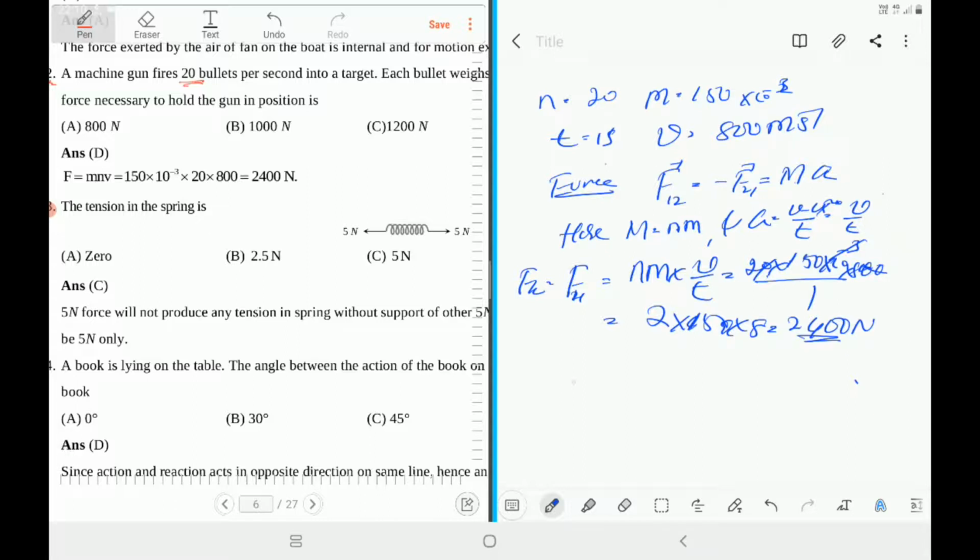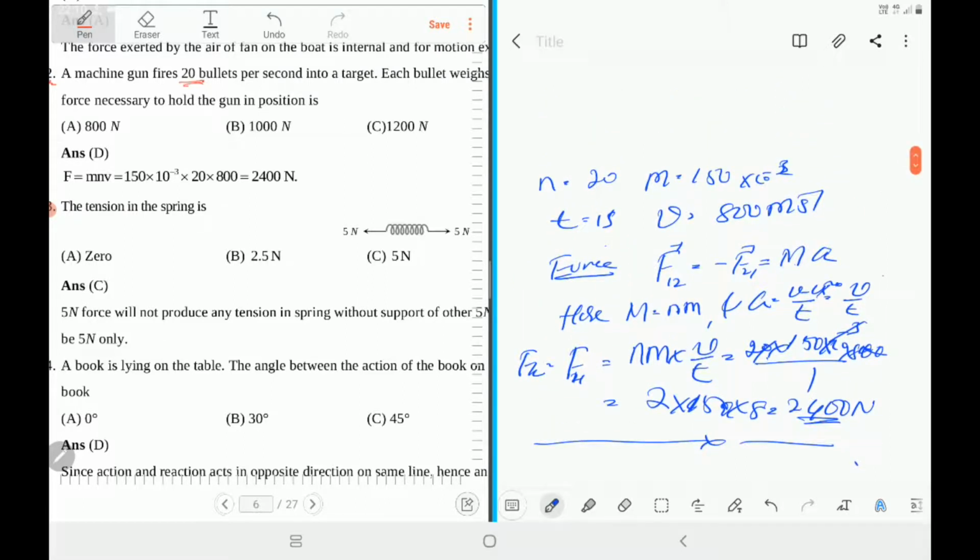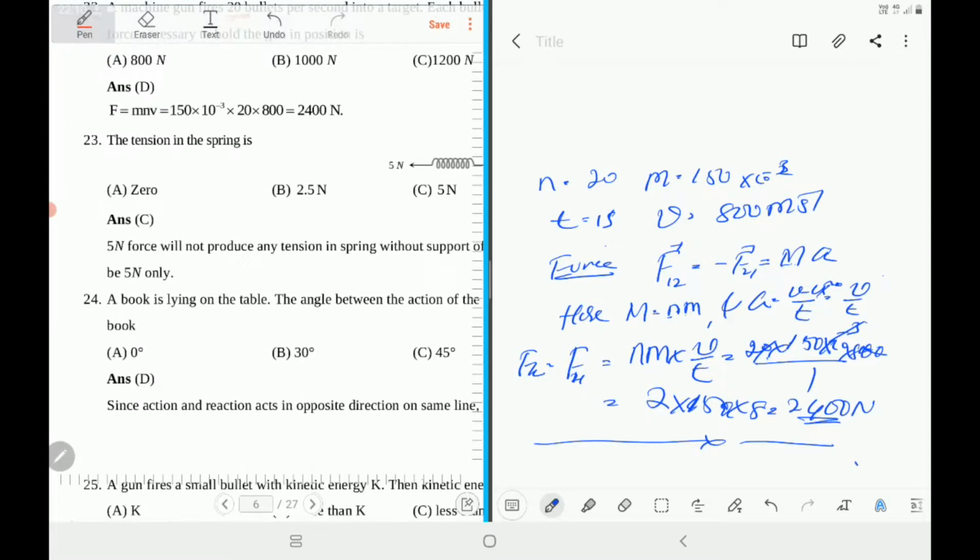This is a simple application of Newton's law. The only additional substitution you have to make here is that mass is the number of bullets times the mass of each bullet. Next one, again on Newton's third law. Tension in a spring.